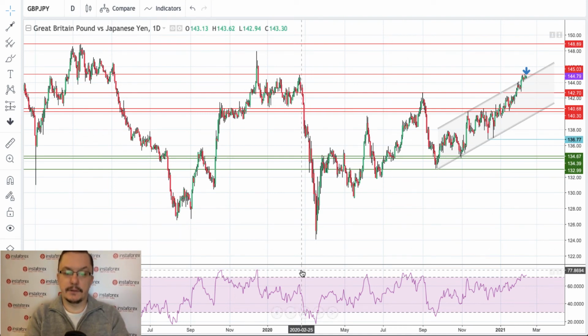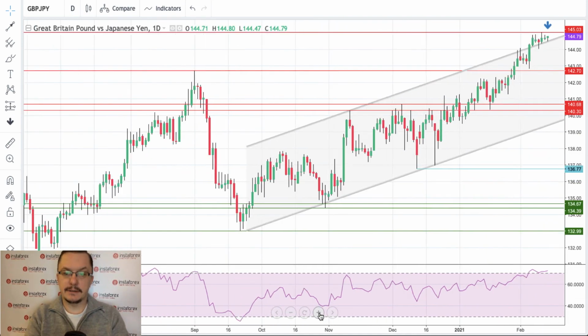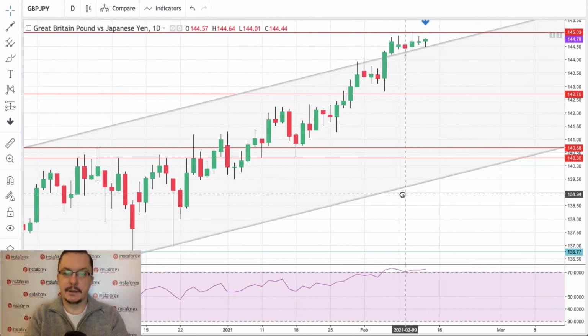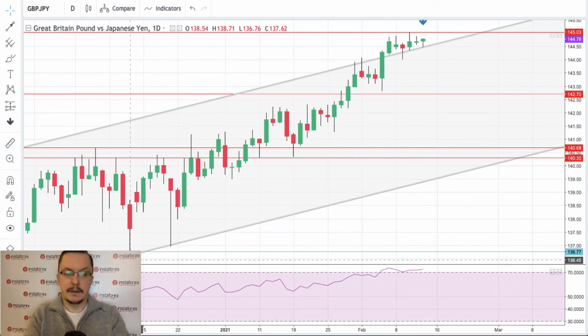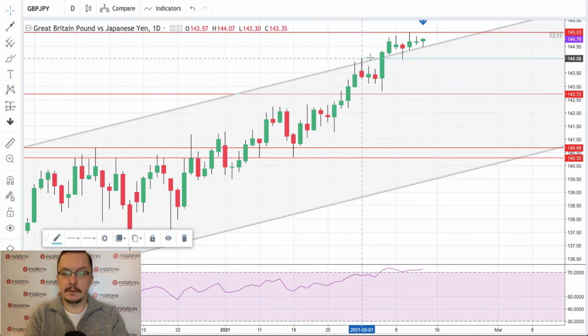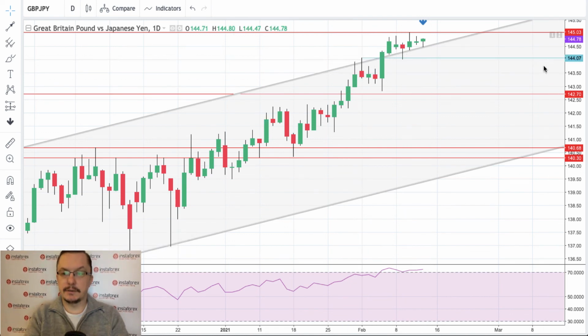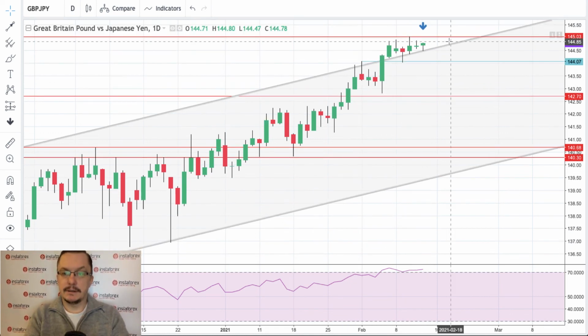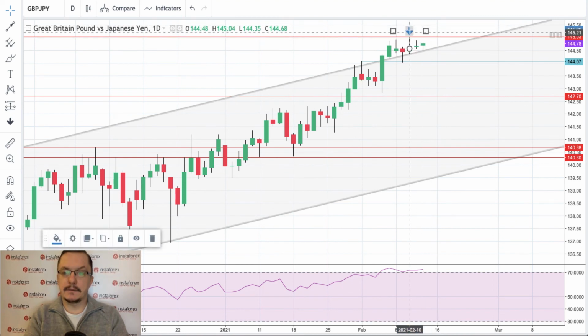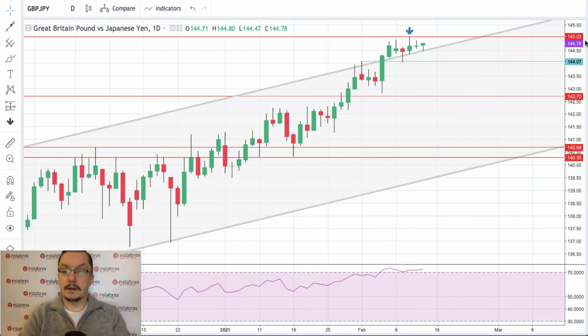So for now we are still trading higher, up and up and up inside of this channel. But as you can see, the immediate technical support is 144.07, but 145 might be an important technical resistance, because it used to be a nice technical resistance before. It's a long-term technical resistance, so we can make it a little bit thicker. There you go, so you know it's important.